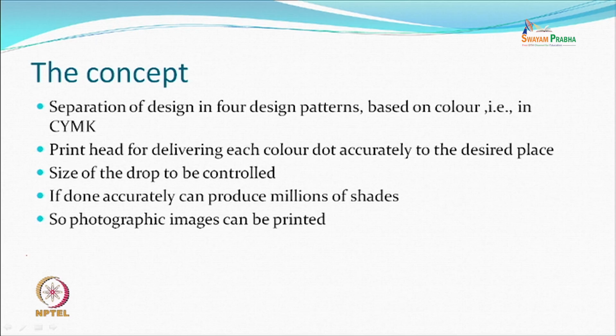That was the way it was done in conventional printing. In this case also, maybe through a computerized way, you will still have to separate the design into colors. That is, one design based on one type of color and the other design based on the other type of color, and all of them, when they get superimposed, then you get the final picture.